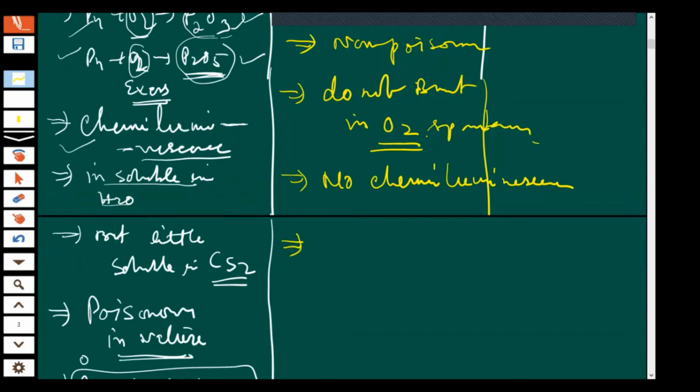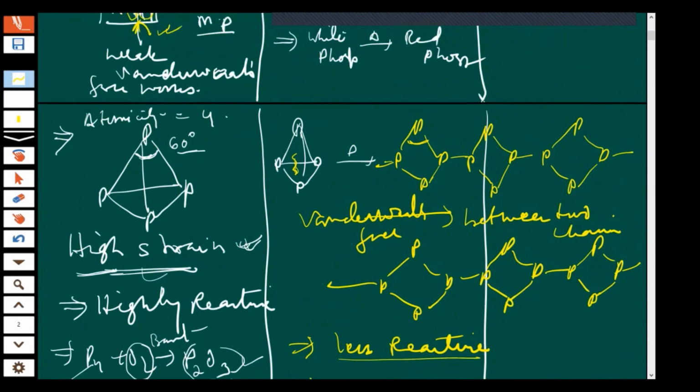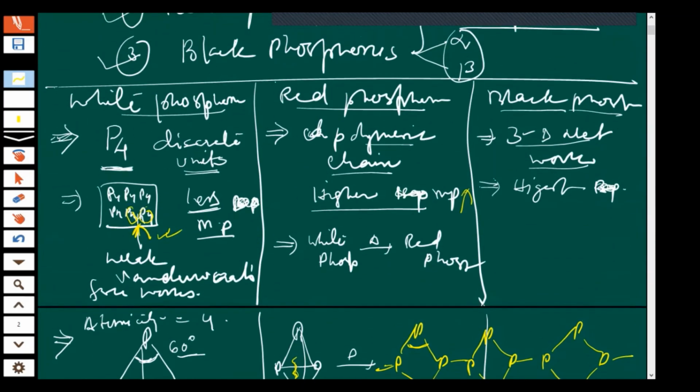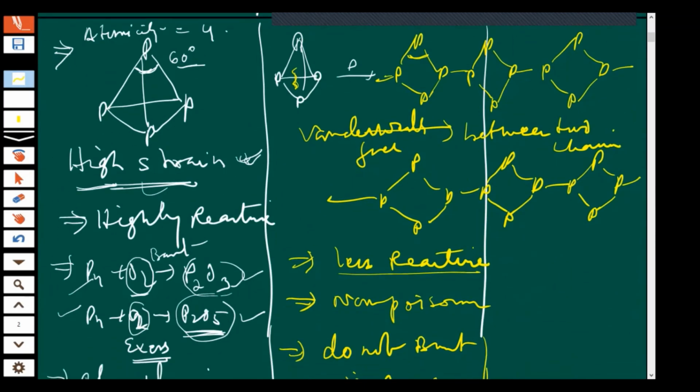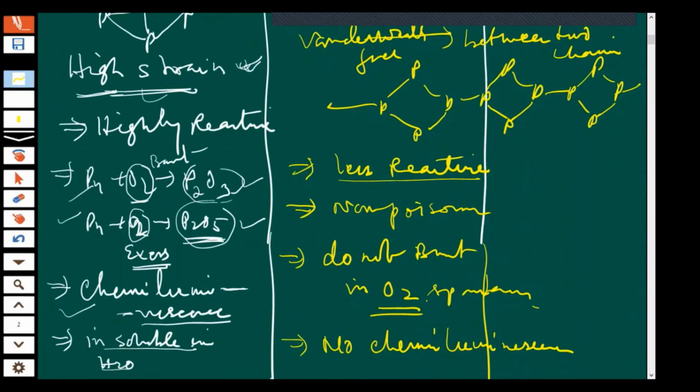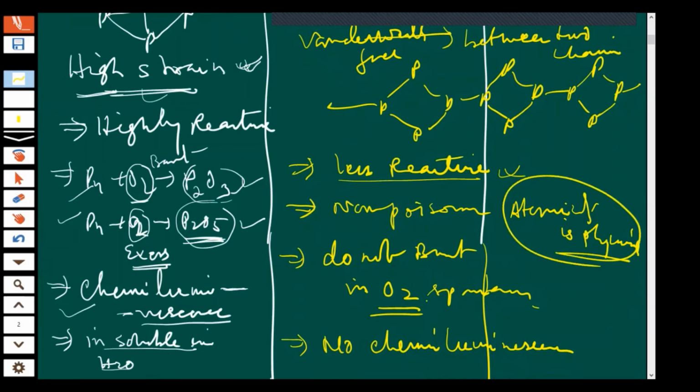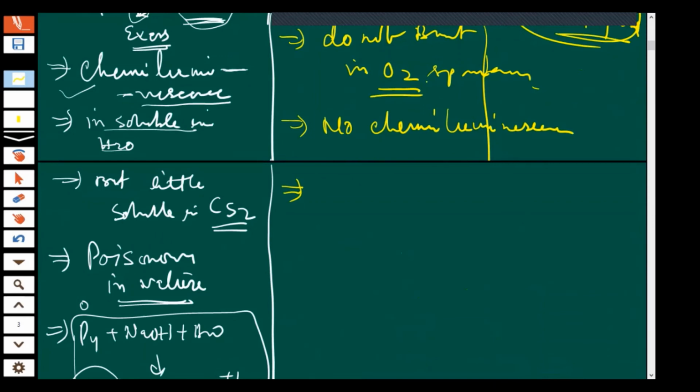So these are something about red phosphorus. Non-poisonous, exists in chains. Atomicity is very high. It is polymeric, we can't say anything. So these are about red phosphorus.